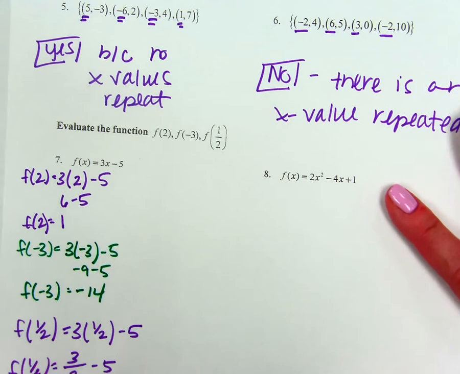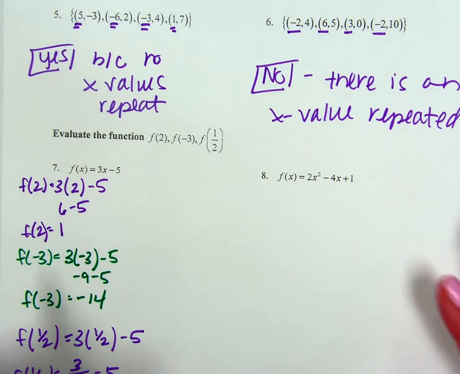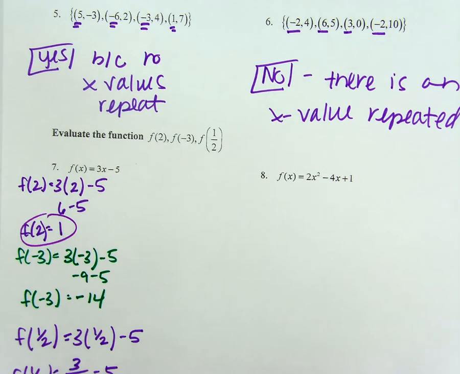So my f of 1/2 equals -7/2. So that's all we do for our piecewise functions there. So let's do the same thing on number 8.